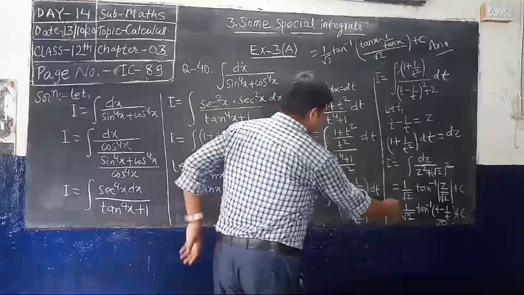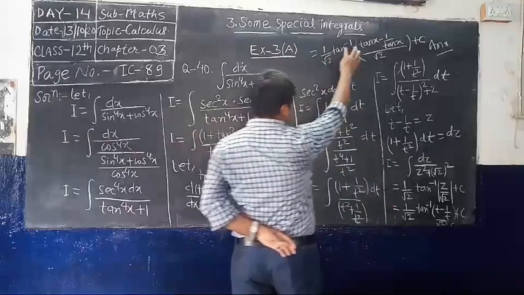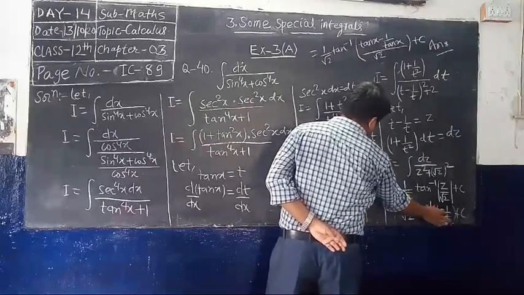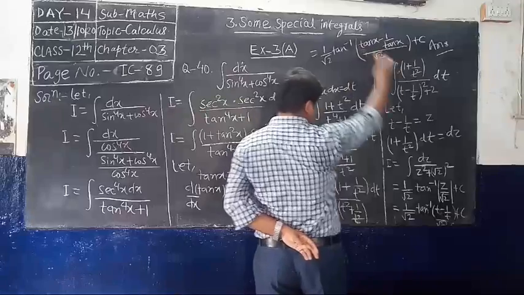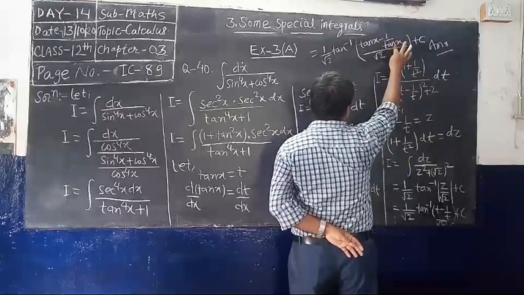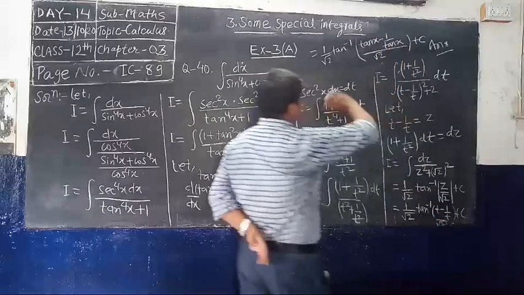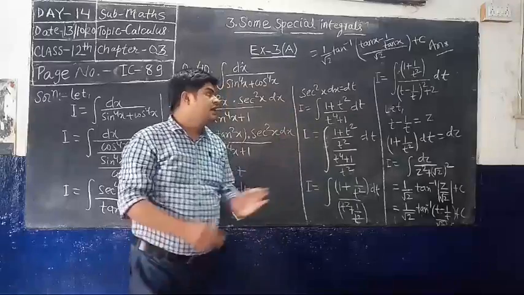So your final answer is 1 by root 2 tan inverse. Now put the value of t, t is equal to tan x, so (tan x minus 1 by tan x) by root 2 plus c. Okay, this is your final answer.